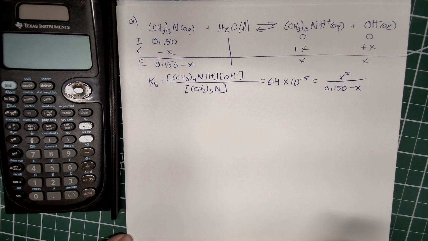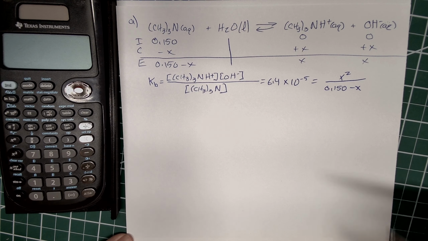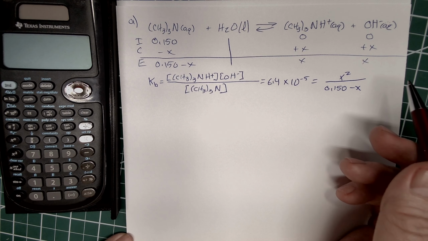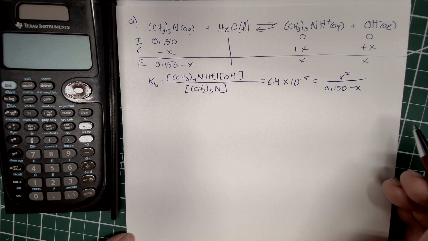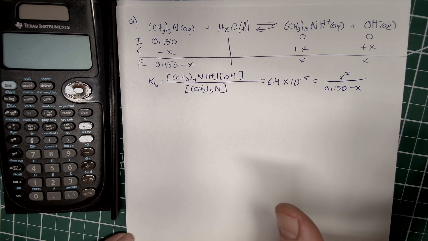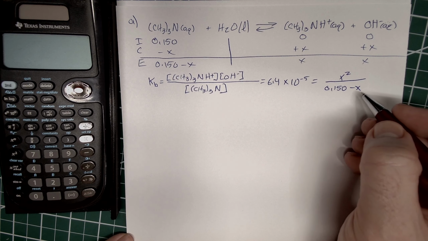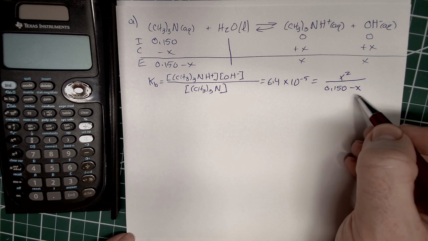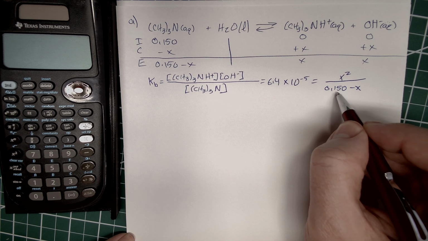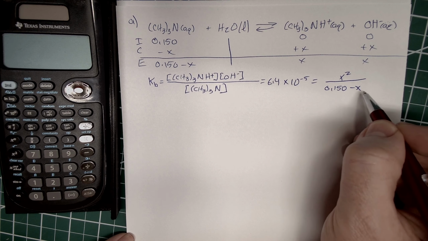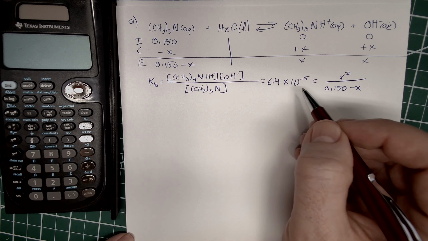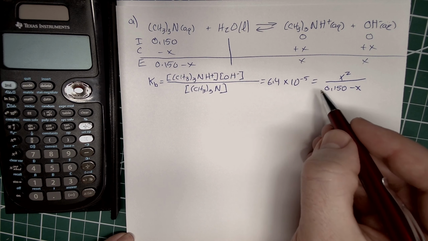0.150 minus X. Now, in previous problems, we've looked at how do we solve this problem? We could set it up as a quadratic equation. We're going to neglect X. We're going to do the neglect X trick. Again, go back to chapter 16 if you're not familiar with the neglect X trick. But really what it says is that X is small compared to the 0.150 that we have here. And if that's small compared to this, we can just neglect it. I go through this back in chapter 16.